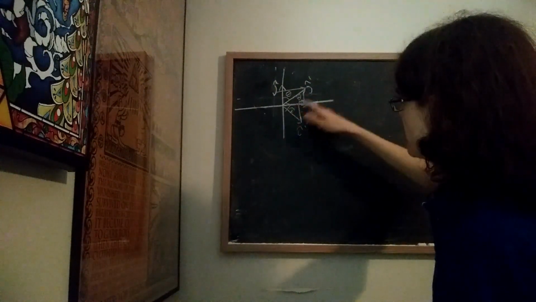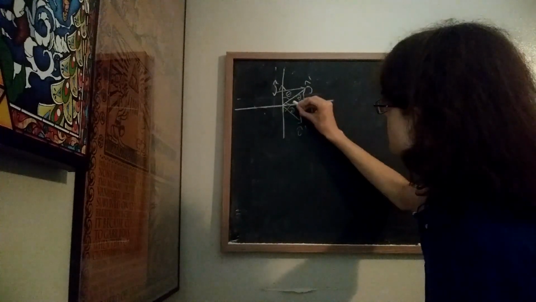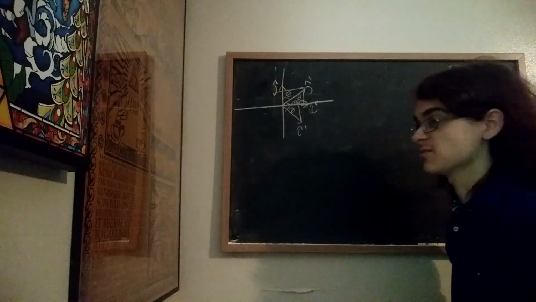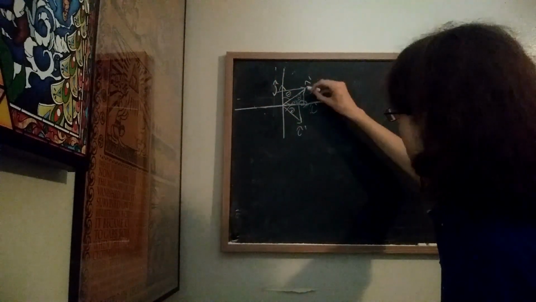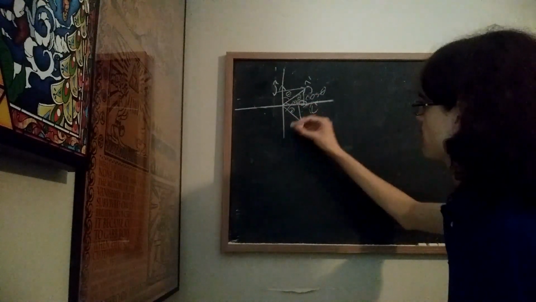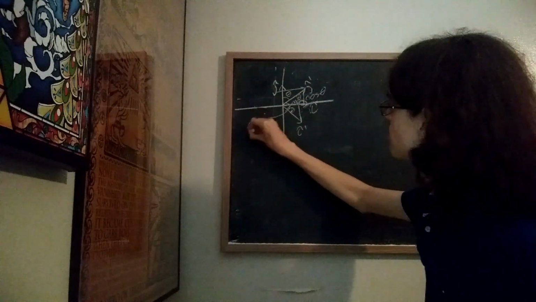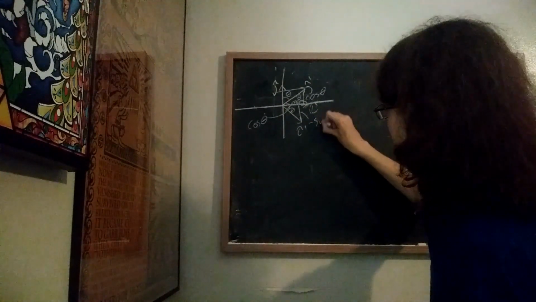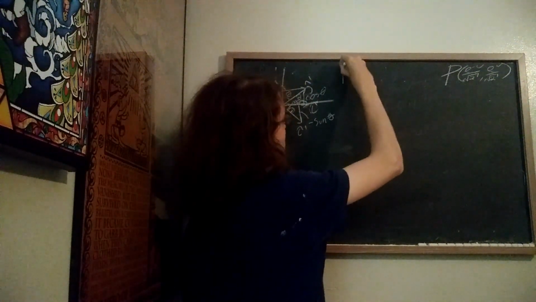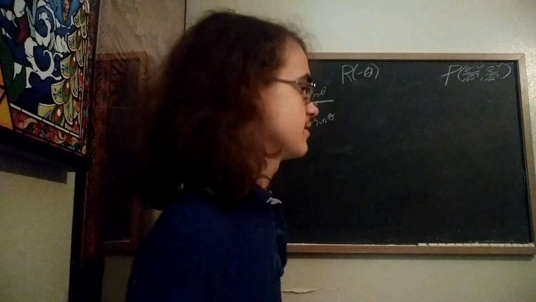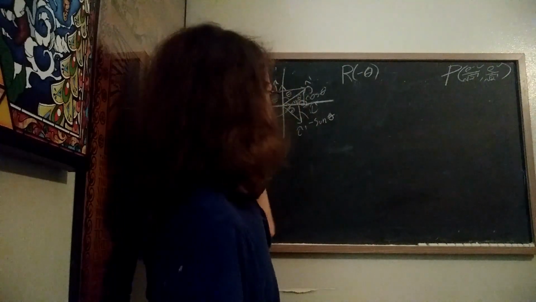And so the x component of j hat prime is going to be sine theta, because the magnitude of our basis vectors is 1, and its y component is going to be cosine theta. The x component of our i hat prime is going to be cosine theta, and then its y component is going to be minus sine theta. And so we're going to write this down into our matrix. Now, the notation for this is R minus theta, because this is actually the inverse rotation matrix.